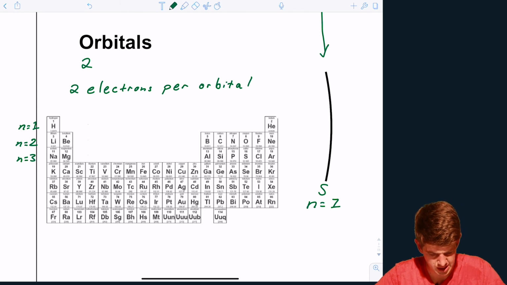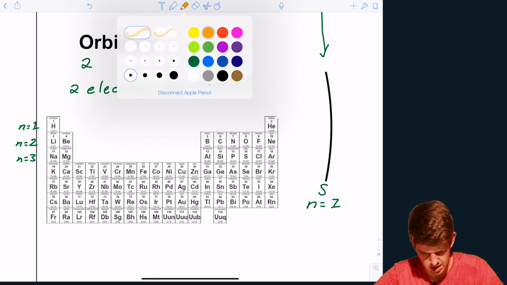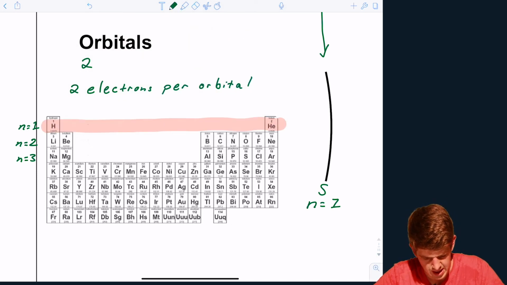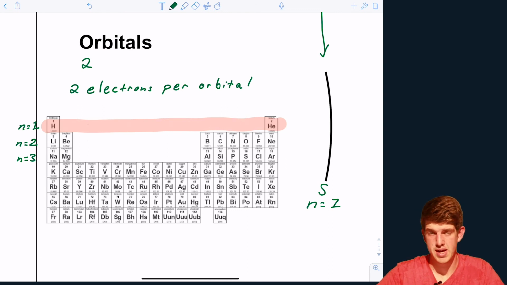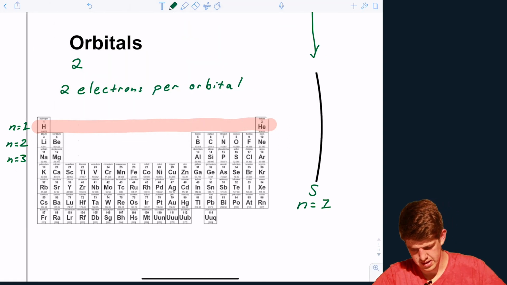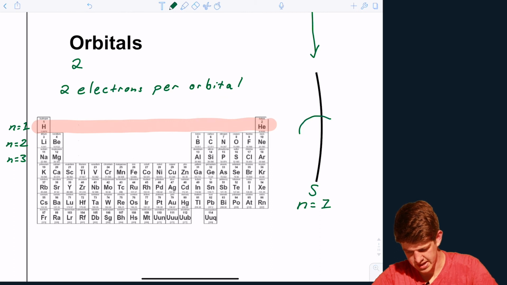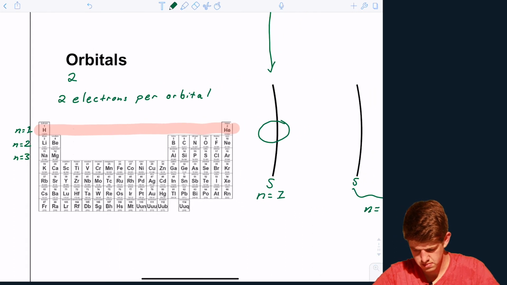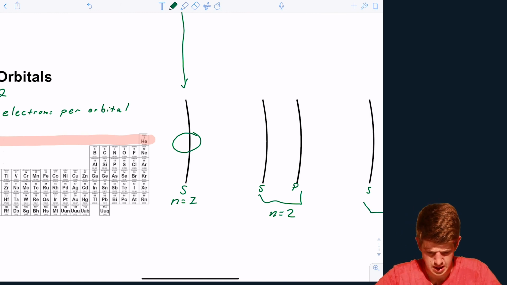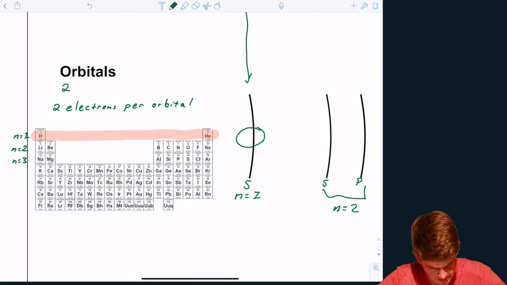Now, from what that means, it's going to be pretty easy to find out how many orbitals there are, because in n equals 1, I'm just going to use a consistent color for this. For n equals 1, I have 2 atoms. Each one has 1 electron more than the last, which means there are 2 electrons total. And if I have 2 electrons per orbital, that means I only have 1 orbital. And so I'll just draw a sideways circle to represent 1 orbital. Now, moving into the second one.